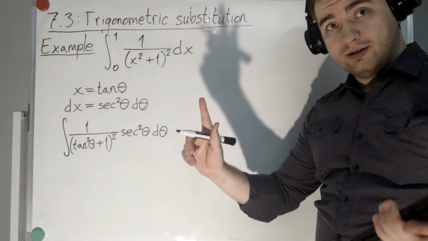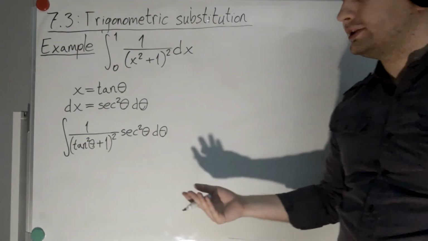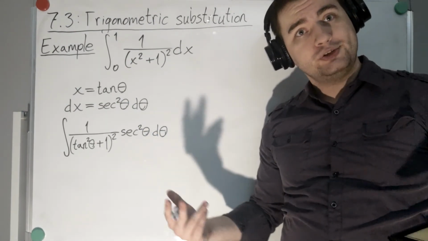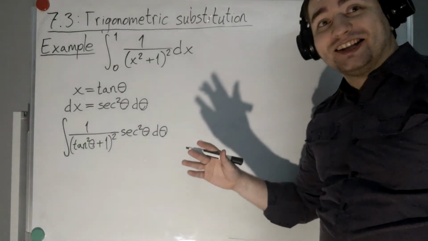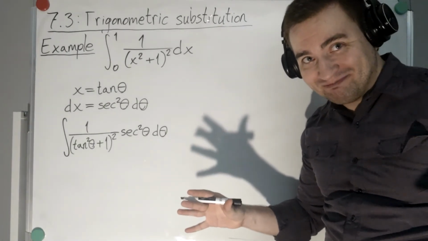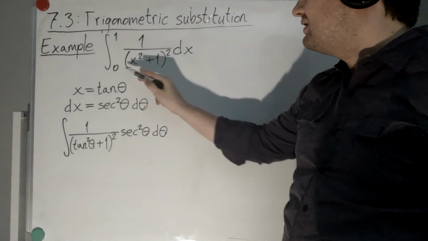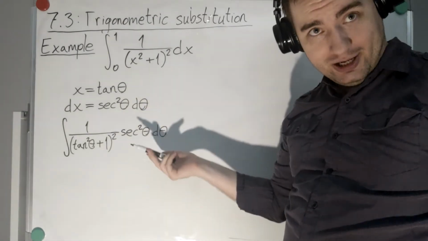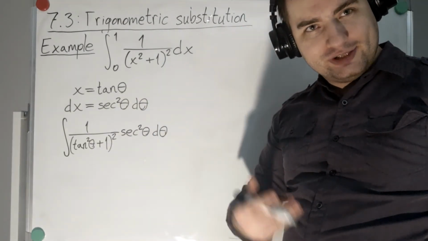Okay? Now about the bounds. Well, just as in U substitution, when you do a trigonometric substitution, you can change the bounds. It's a little bit more complicated though. You see, in this case, when x equals 0, tangent theta is 0. So then, what is theta when tangent theta is 0?